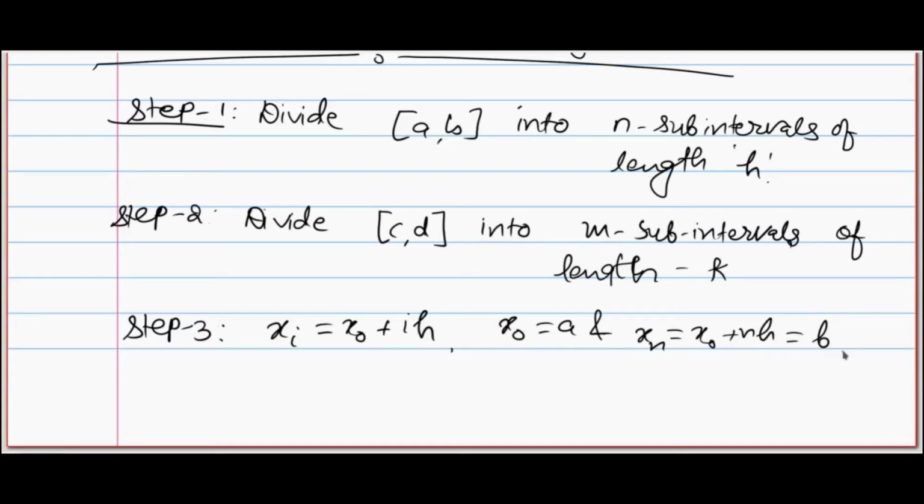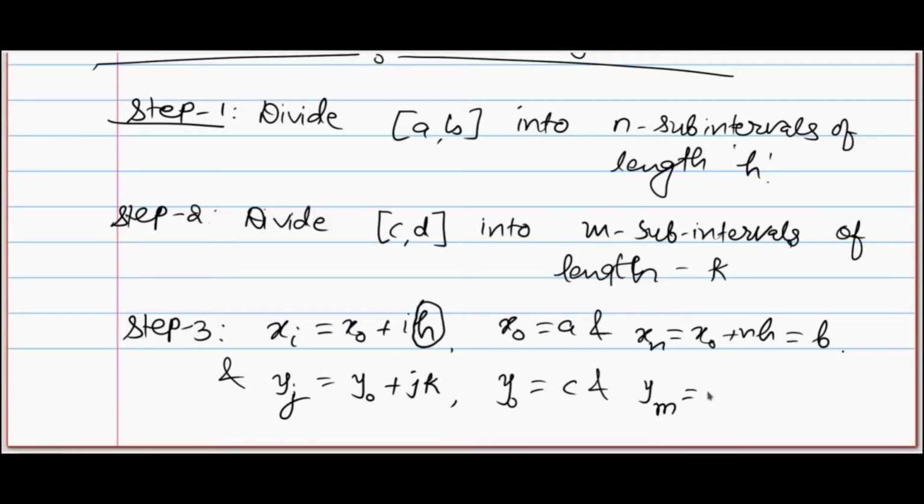In the same way, y j is equal to y naught plus j k. This is the interval length. So y naught is c and y m is y naught plus m k, and that is d.